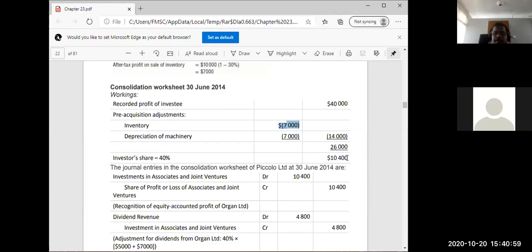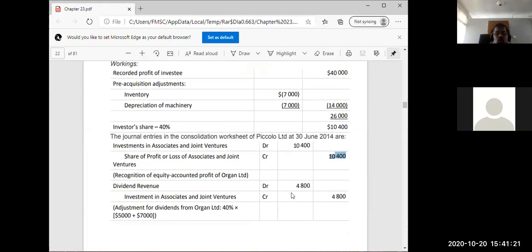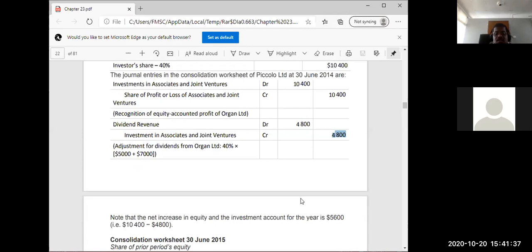So this is the share of profit for the first year. How do you record it? You debit the investment in associate and joint venture 10,400, and you credit the share of profit or loss of associate and joint venture 10,400 in the investor's books. And of course dividend revenue you put as income, and investment in associate 4,800, as you are reducing it from the investor's books.